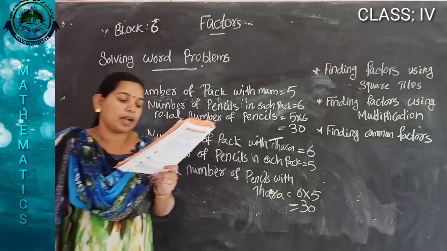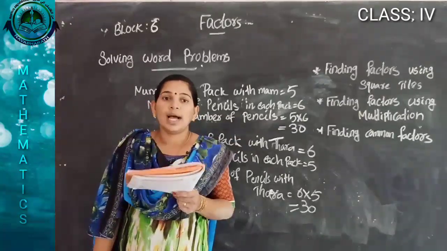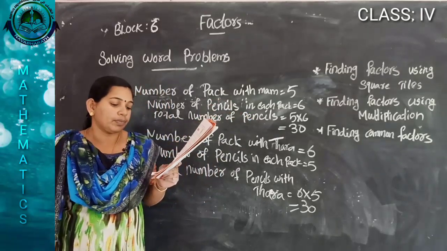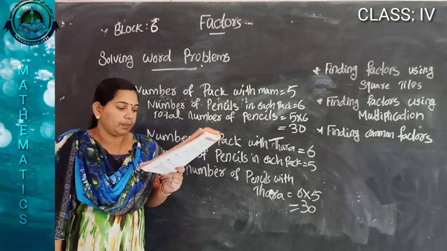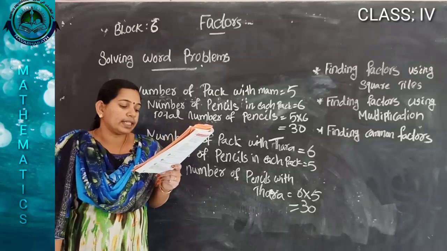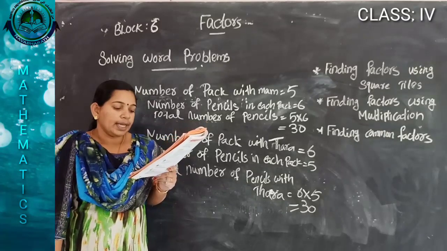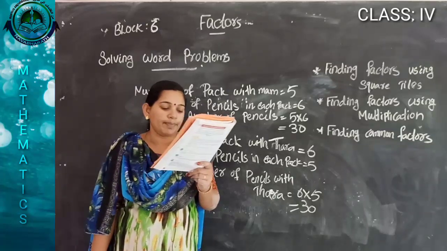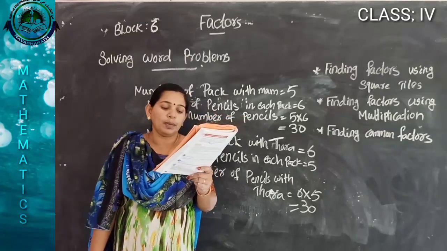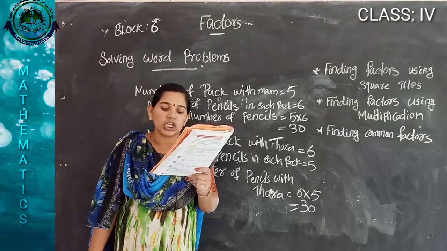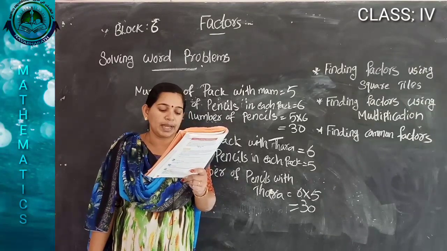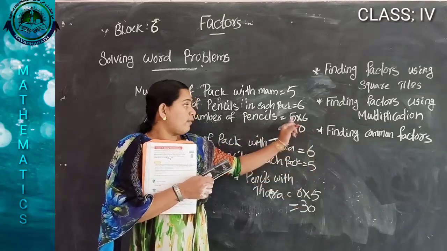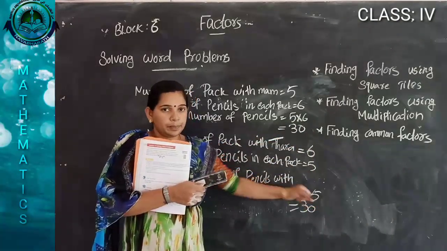The next, same way you do this problem. Open your textbook practice questions, page number 35. Write this question. Atika has 5 packs of pencils. Each pack has 8 pencils. Sarah has 8 packs of pencils and each pack has 5 pencils. Write multiplication sentences to show the number of pencils they have.